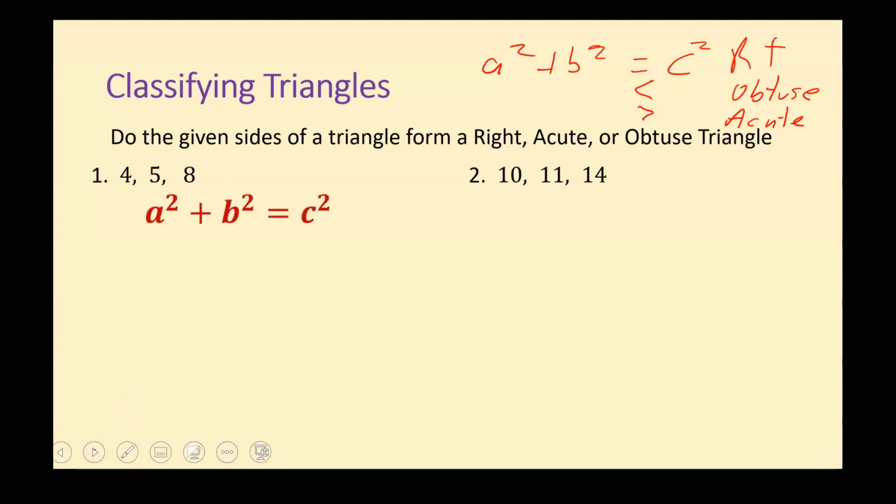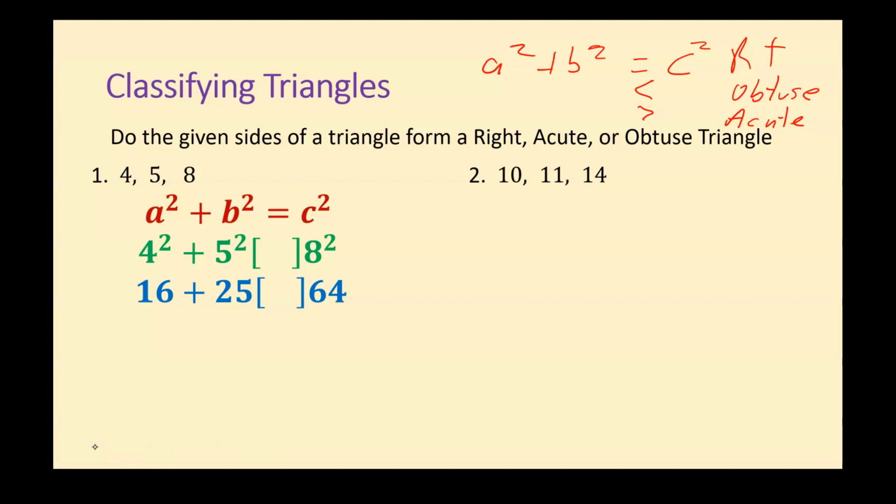So we know a squared plus b squared is equal to c squared, but we don't know if it's equal or not. So we have 4 squared plus 5 squared, and we're going to compare that to 8 squared. So we know 4 squared is 16, 5 squared is 25, and 8 squared is 64. 16 plus 25 gives us 41. So we're comparing 41, which is our a squared plus b squared, to 64, which was the c squared.